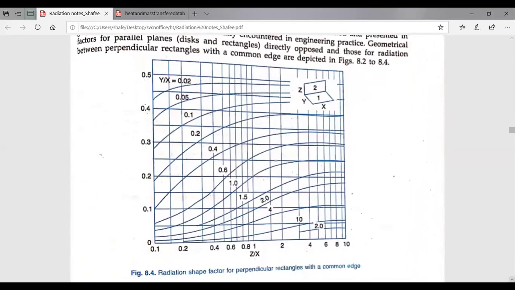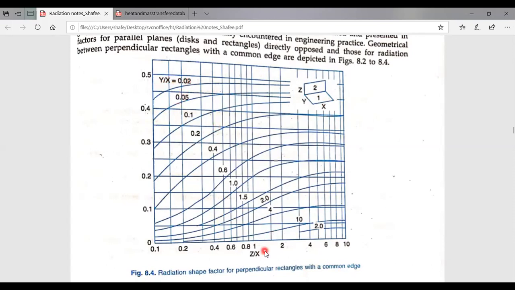Now what is this chart? You can see there are two surfaces which are perpendicular rectangles. Both are perpendicular, with x, y, z as the three dimensions. Now if I know z by x and y by x, everything is available in your data book, I will show you that once again.